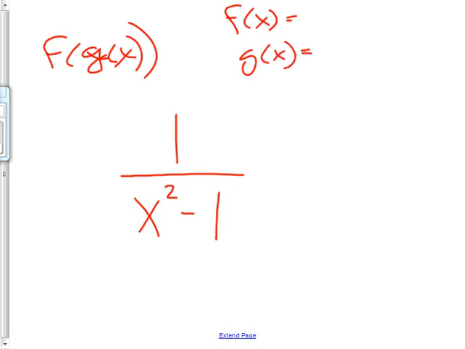It's sort of like you have the answer, but you didn't know what the question was. That's the kind of question that you can get on this unit. It's called, you want to break that down into where it started from. Okay? You want to decompose this. That's what it's called.